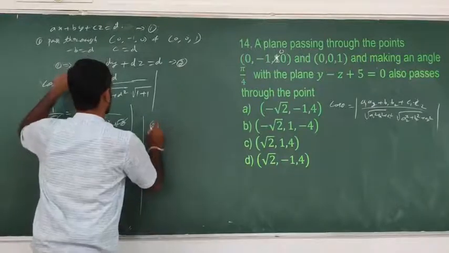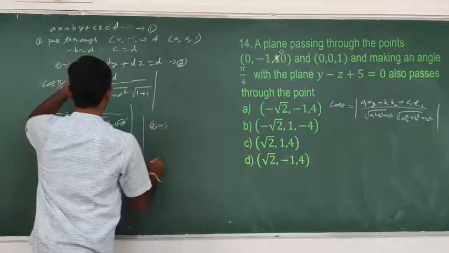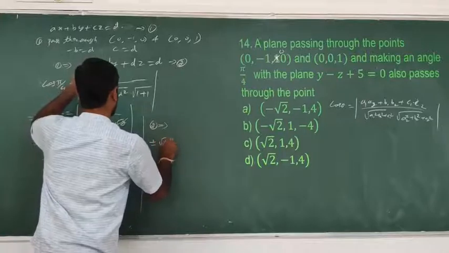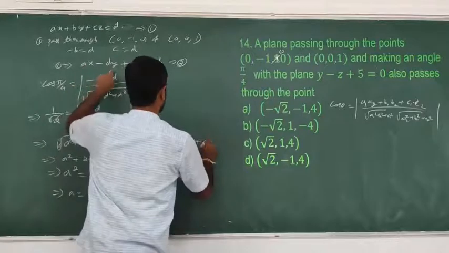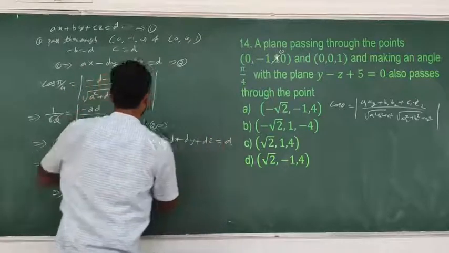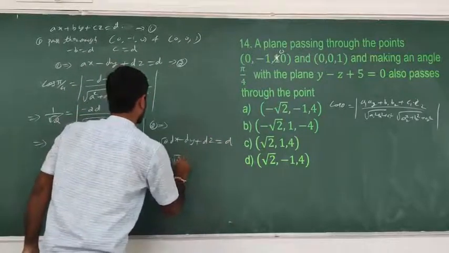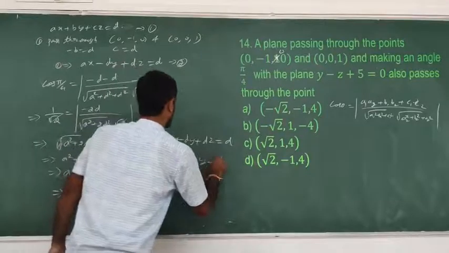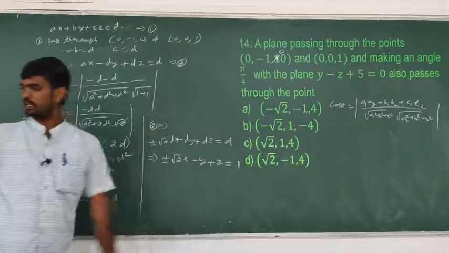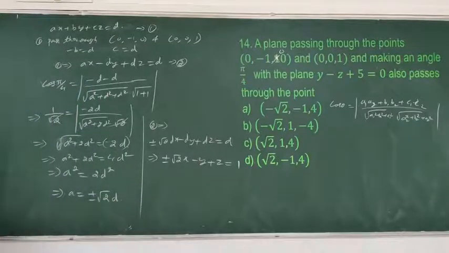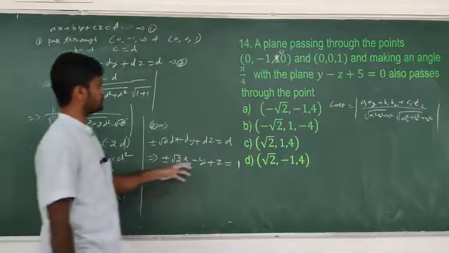Then equation 2 becomes: a is nothing but plus or minus root 2 into d, so plus or minus root 2 d into x minus dy plus dz is equal to d, or this implies plus or minus root 2 x minus y plus z is equal to 1. So look here, just simplify.